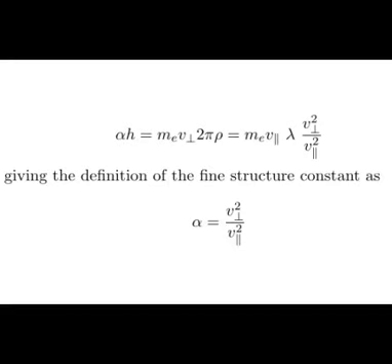Then you can extract the fine structure constant from this equation, which then becomes that the fine structure constant is equal to the transverse velocity divided by the mean velocity of the electron squared.